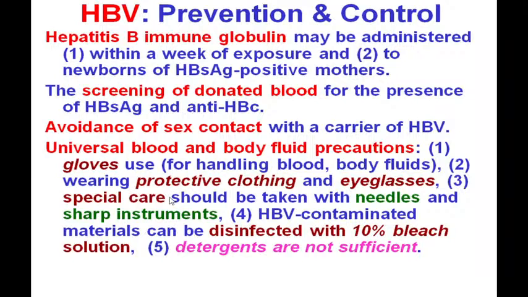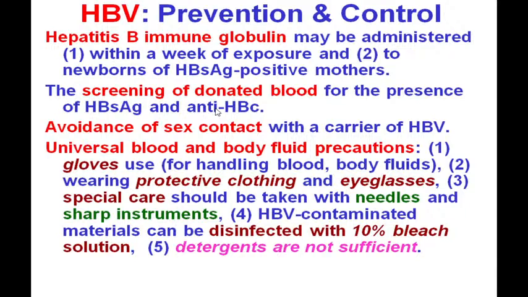So, my dears, hepatitis B can be prevented by injected hepatitis B immune globulin. It may be administered as post-exposure prophylaxis or post-exposure treatment to newborn babies or those who were exposed.